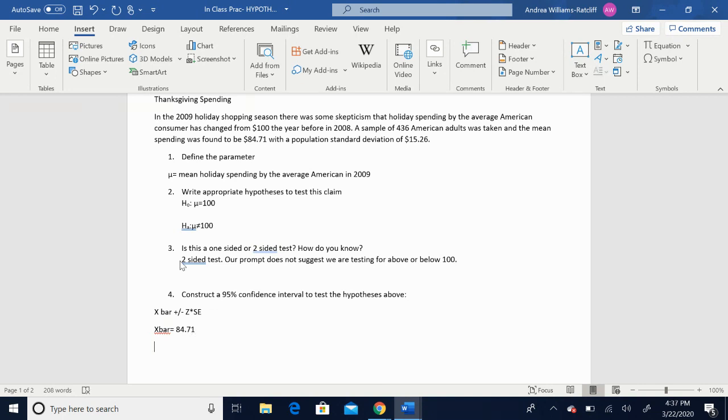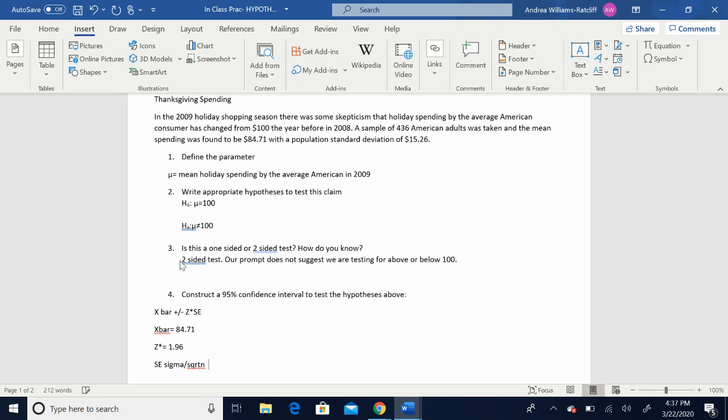I know I'm going to have z star. Remember, if we're going with a 95% confidence interval, that's going to be 1.96. And our standard error is going to come from sigma over the square root of n.